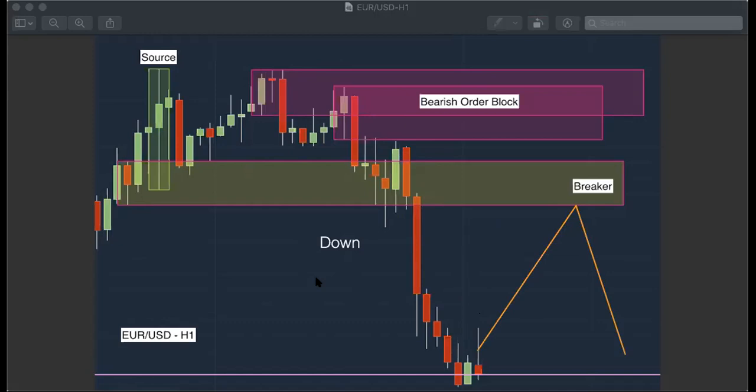So we have a down order flow. Let's go to the next example, which is the second example.